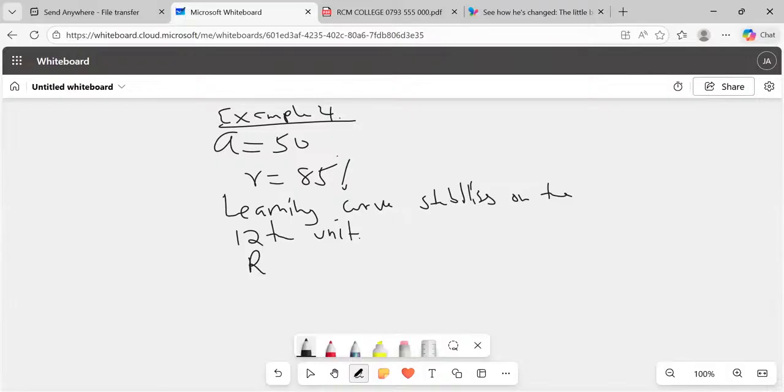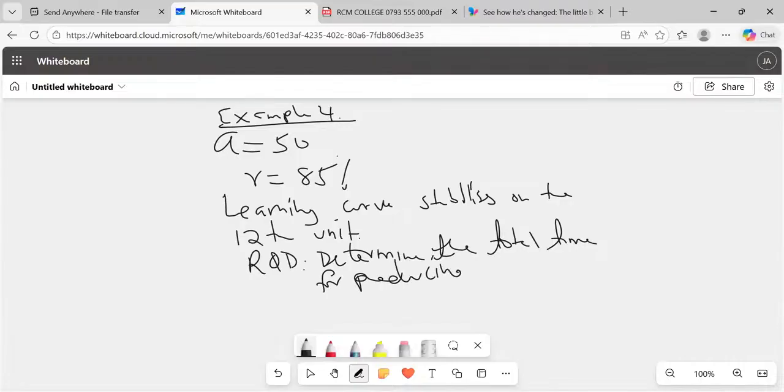So we are required to determine the total time for producing the first 25 units. Determine the total time for producing the first 25 units.